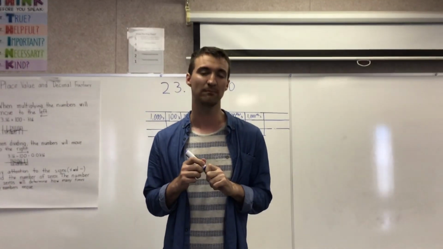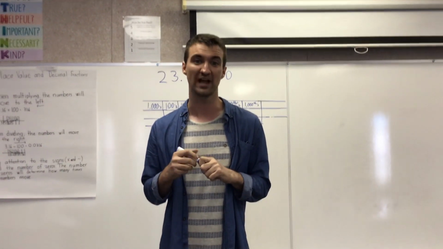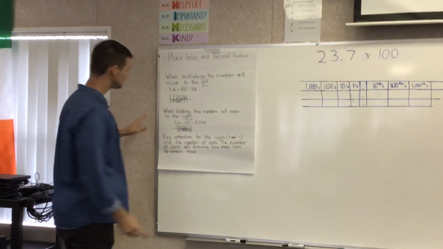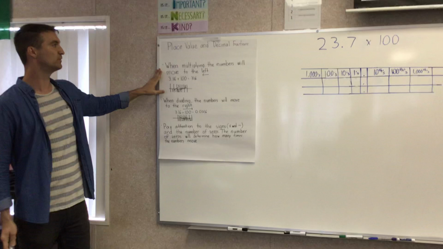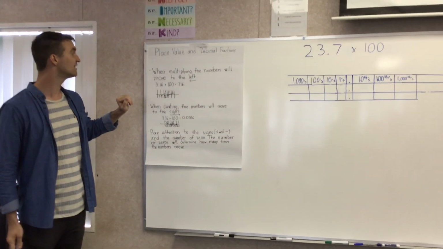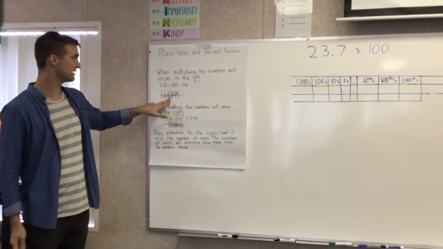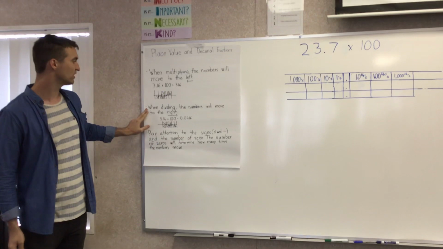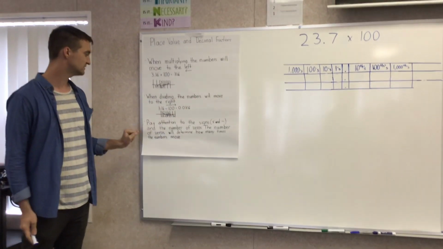So today we're going to talk about place value and decimal fractions. First we're going to step over to this chart right here to talk about it. Now, when we are multiplying, the numbers are going to move to the left, just like you see right here. And when we're dividing, the numbers are going to move to the right.